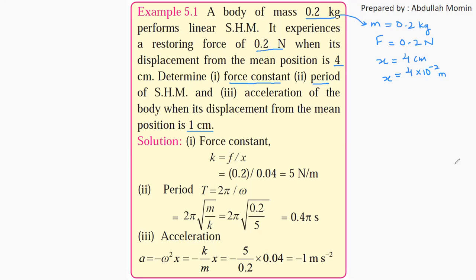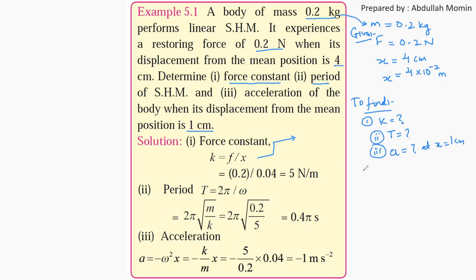So these are the given quantities, and we are supposed to find out number 1, force constant, which is K, number 2, time period, that is T, and number 3, acceleration of the body at a displacement of 1 centimeter.